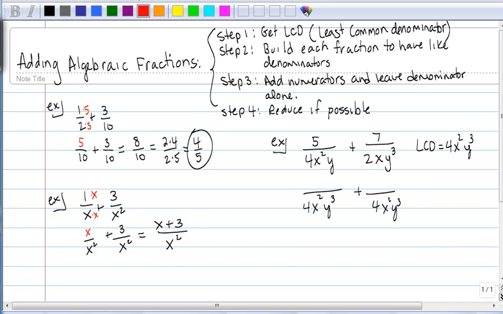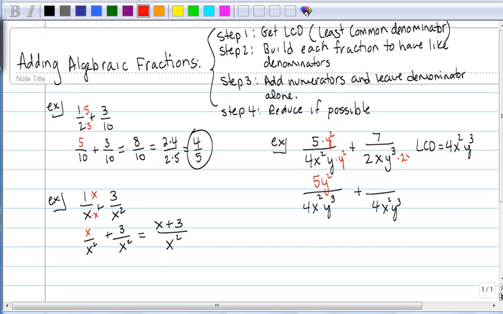So the first one, we don't need to multiply anything on the number or the x's. It's only the y, and we need to multiply this by y squared to get a y cubed. So I'm going to multiply top and bottom by y squared, and we'll get a 5y squared for that first fraction. On the second, we need to multiply by a 2, because 2 times 2 is 4.